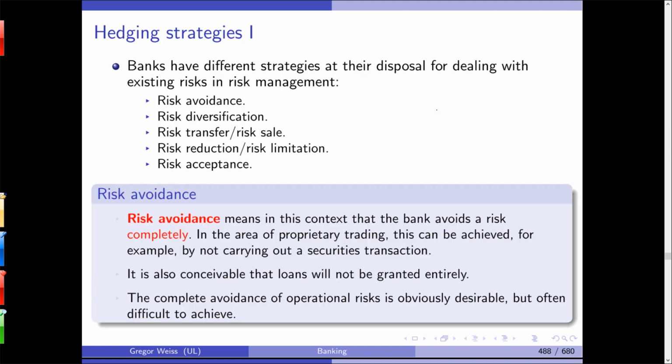We need to identify risks, we need to measure risk, and then we need to deal with risk. If we see that we have risk exposure, for example, in our credit portfolio, we need to do something about this. So what we can do is we can avoid risk, we can diversify risk, we can transfer it, we can reduce risk, or we can simply accept it.